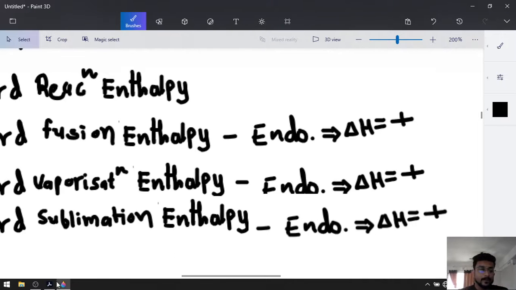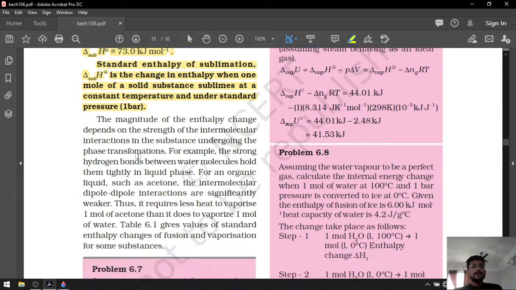Clear? Look at this. The magnitude of the enthalpy change depends on the strength of intermolecular interaction in the substance undergoing the phase transformation. For example, water, when it is in a liquid state, has specific hydrogen bonds, whereas acetone does not have that type of hydrogen bond, so they are weakly bonded.